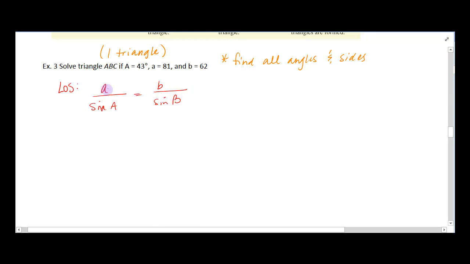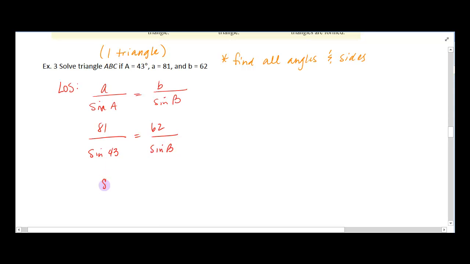So side A is 81, angle A is 43, so we take the sine of it. Side B is 62 divided by the sine of B. And when we cross multiply here, sine B is what we're trying to isolate.